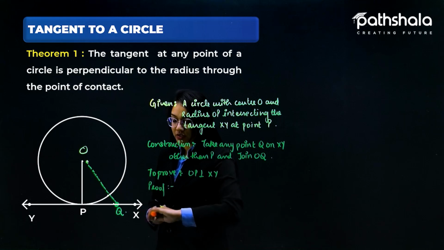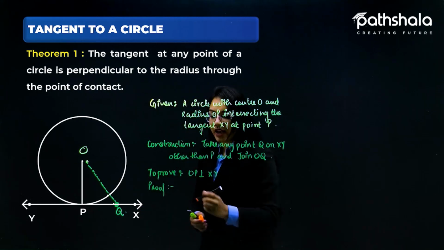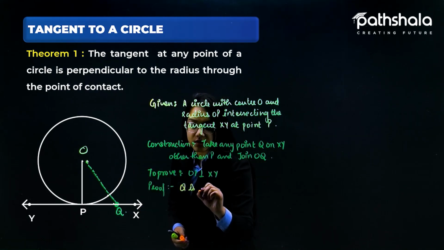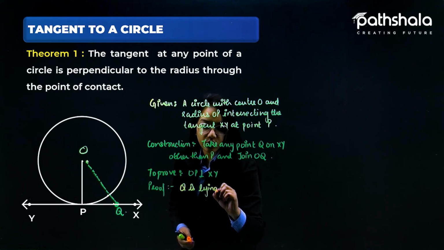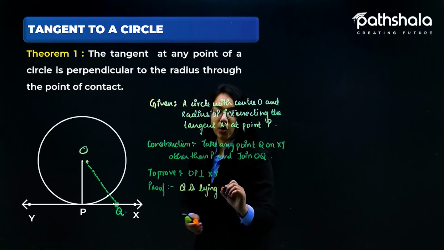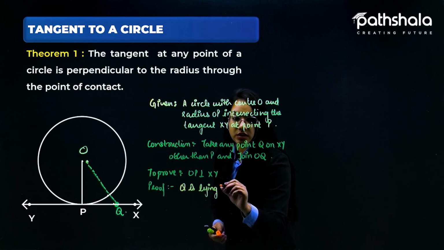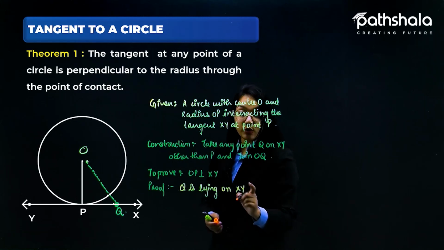First of all, you can see that Q is lying on XY outside the circle.